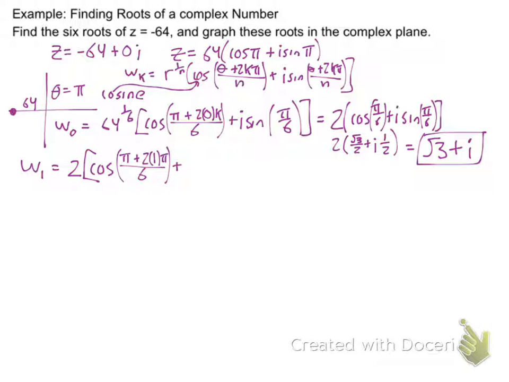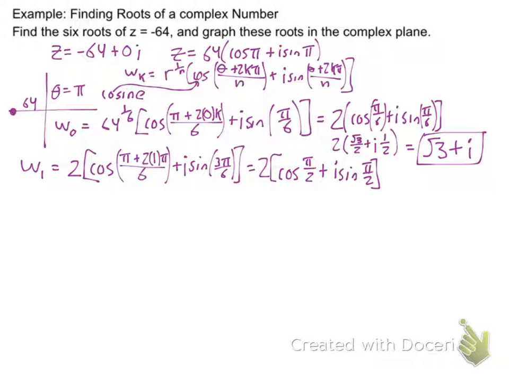But when I put a 1 in for k, I end up finding out that it'd be 2 pi plus pi, which is 3 pi over 6, which in itself reduces to pi over 3. Pi over 2, not pi over 3. Cosine pi over 2 plus i sine pi over 2.